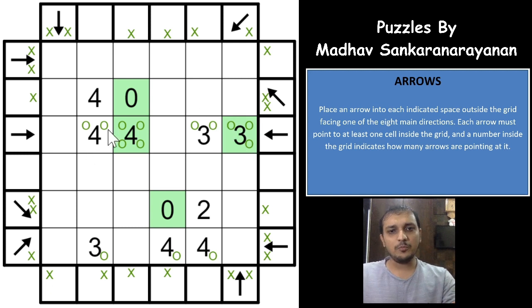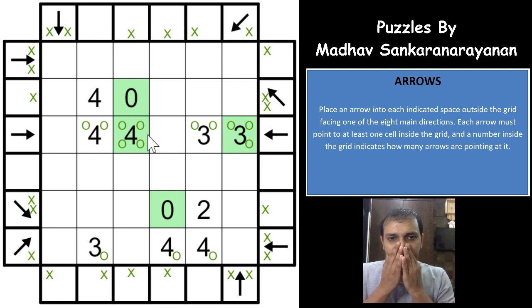Now the moment you complete the 4, you know that you cannot cross any other cells because those were the 4 cells pointing the 4, but you can cross out the cells which are pointing the 3, right? So that these can be crossed out. This is a cell pointing the 3, this is a cell pointing the 3, and this is already crossed out, right?